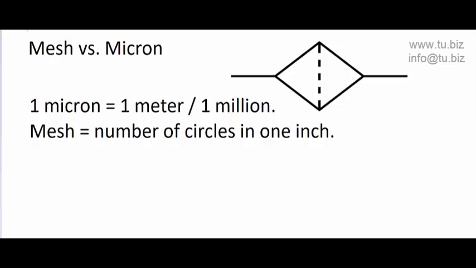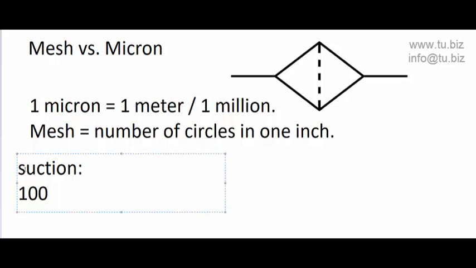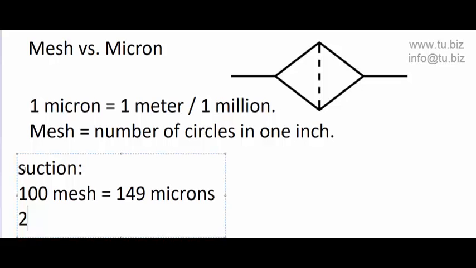For example, in the suction line, we have 100 mesh, which is common, and 100 mesh would be equivalent to 149 microns. 200 mesh is equivalent to 74 microns. That's for the suction line.